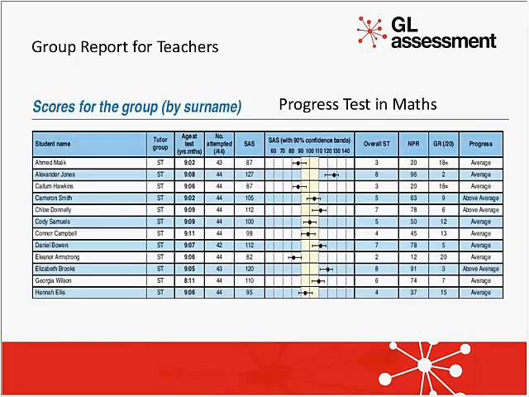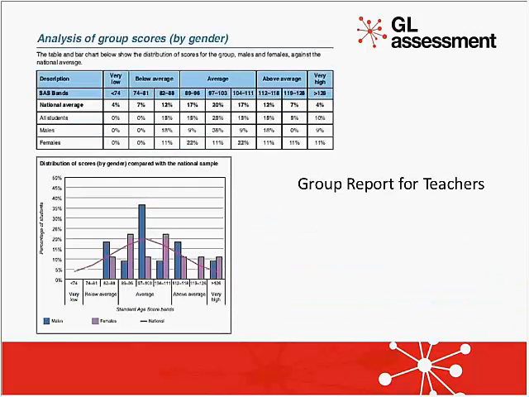This is another part of the group report for teachers where we're able to actually split the data and slice it, particularly for focus groups, special interest groups. This one, I think, is males and females. Yes, it is. However, it could be anything. It could be not quite anything, but it certainly could be English as an additional language, free school meals, ethnicity.